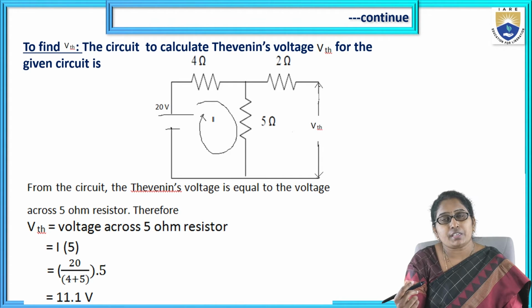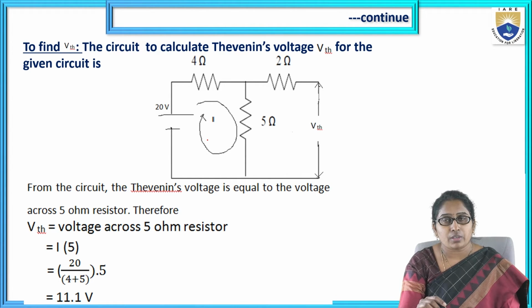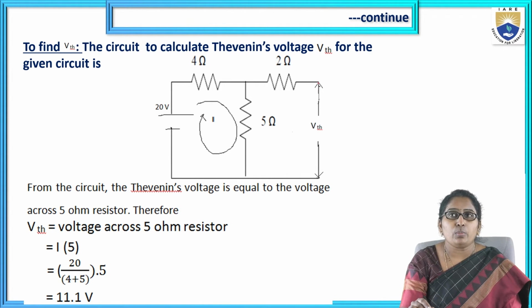Remove the load resistance and find the voltage across those open terminals. So take the given circuit as it is. Only remove the element in which we are interested in finding the current.